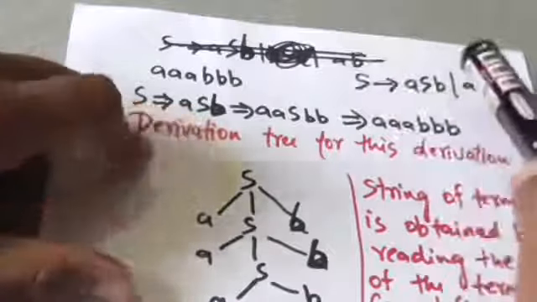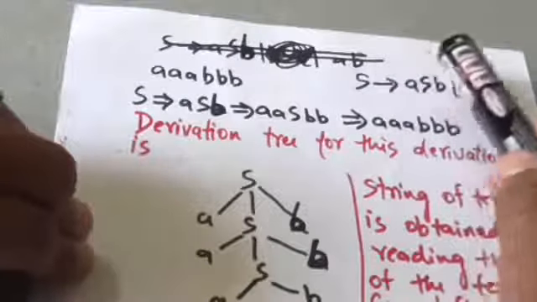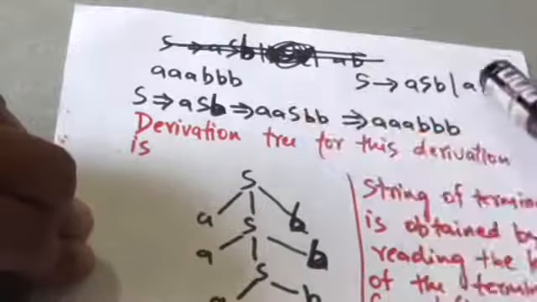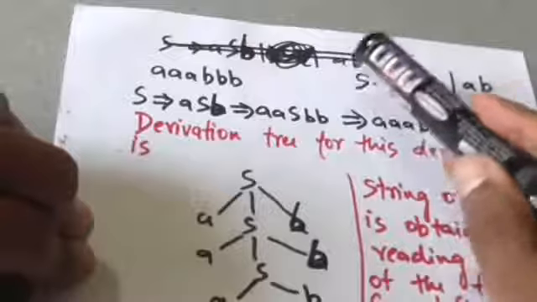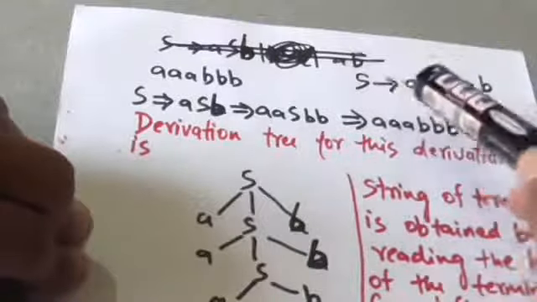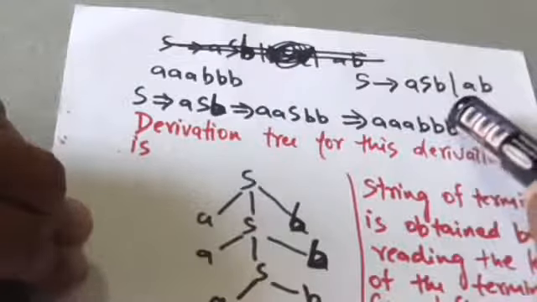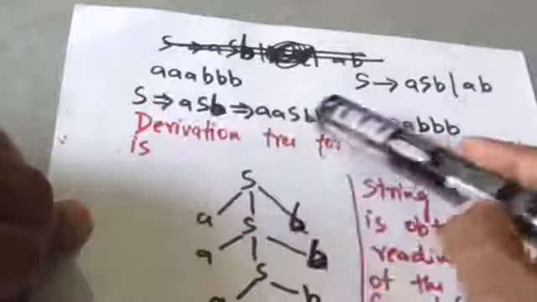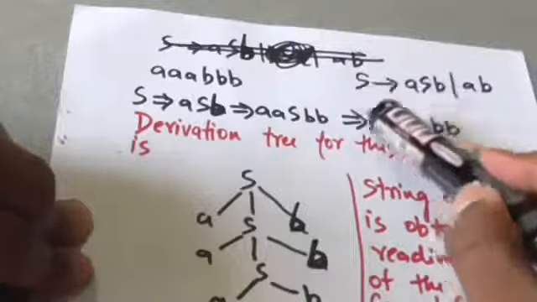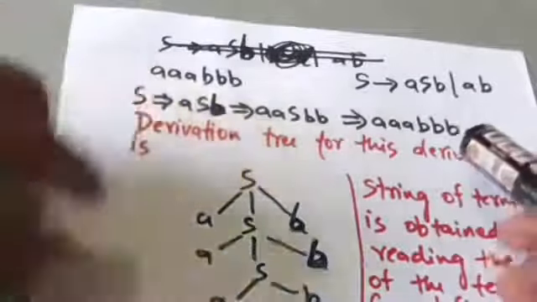It means we have applied the production rule: S derives aSb. Now this S is replaced by ab. Here we have used the production rule: S derives ab. Right, so what we have got? aabb. So this is the derivation of this string of terminals from start symbol S.